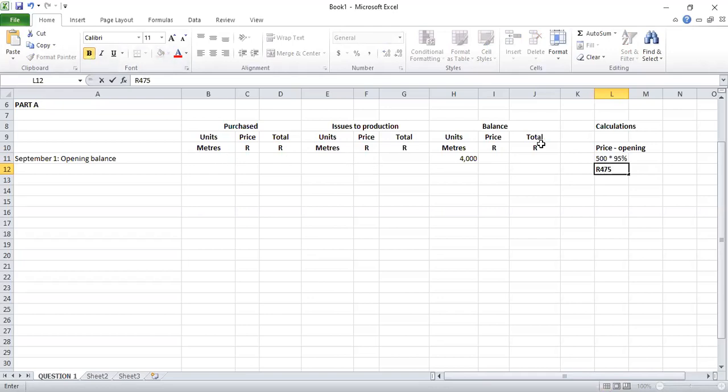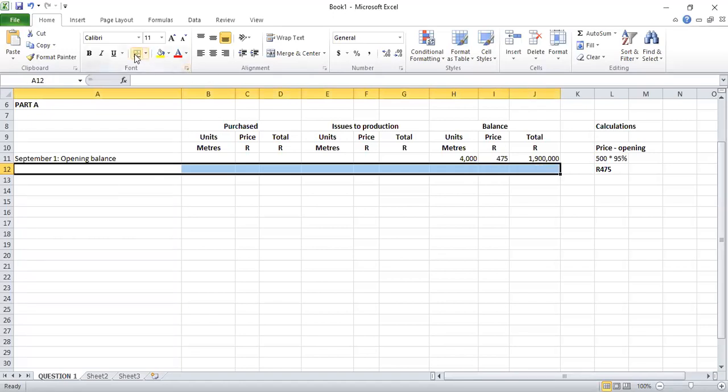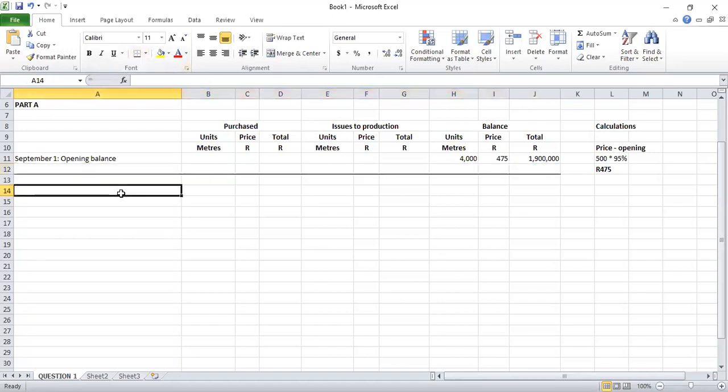So we're going to say this way at 475. In our total, we just multiply. All right, so that is our entry on the 1st of September.